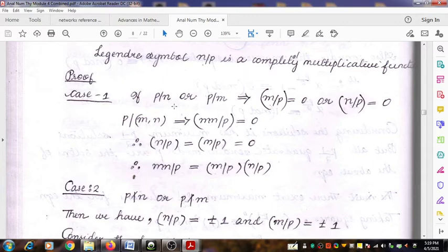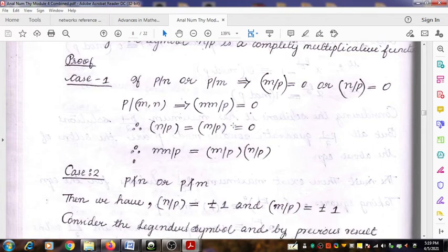Then the prime p divides the product m into n. So it is clear that (mn/p) is equal to 0. Thus the Legendre symbol value of (mn/p) equals 0, and that can be written as 0 into 0.